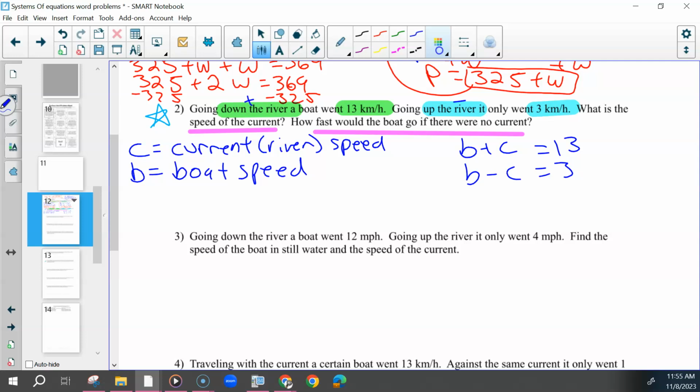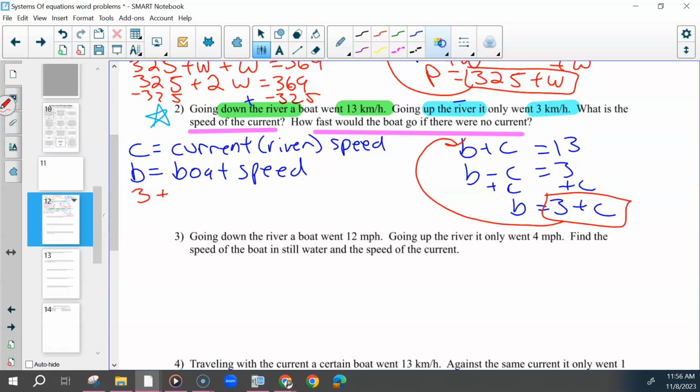Right? How do we want to solve this? Substitution, elimination, graphing. Okay. So substitution is going to look very similar to what we just did. Let's say I do the same thing here. I add C. So I have B equals 3 plus C. And then I take that equation and I put that back into the other equation where B is.